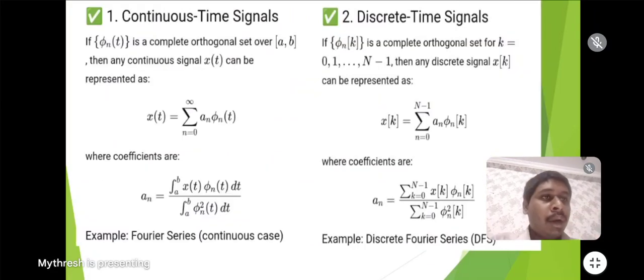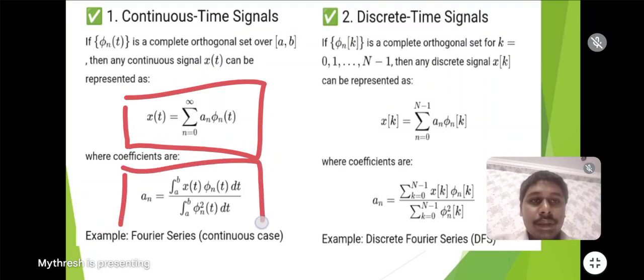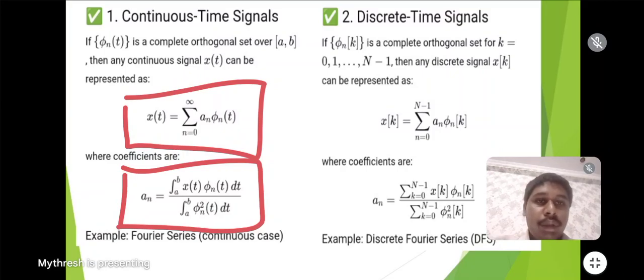Case 1, for a continuous time signal, x of t is represented like this, where an is the constant and phi of n of t is the set of orthogonal functions, and an is given, in the interval a comma b, as the integral from a to b of x of t phi n of t dt divided by the integral from a to b of phi n square of t dt.